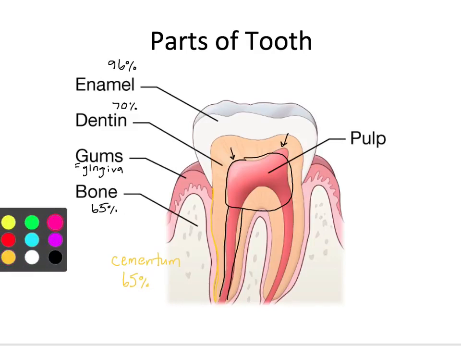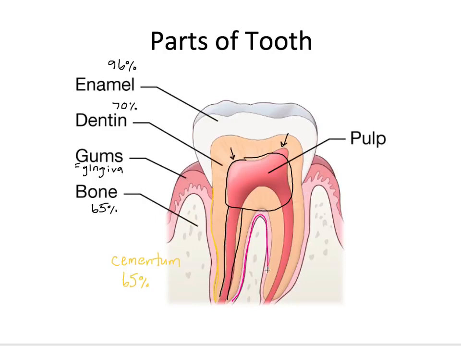Now, another structure I want to point out that's not labeled here is this light pink that runs all through here and here and all the way up through here, and it's almost continuous with the gingiva, like in this diagram.